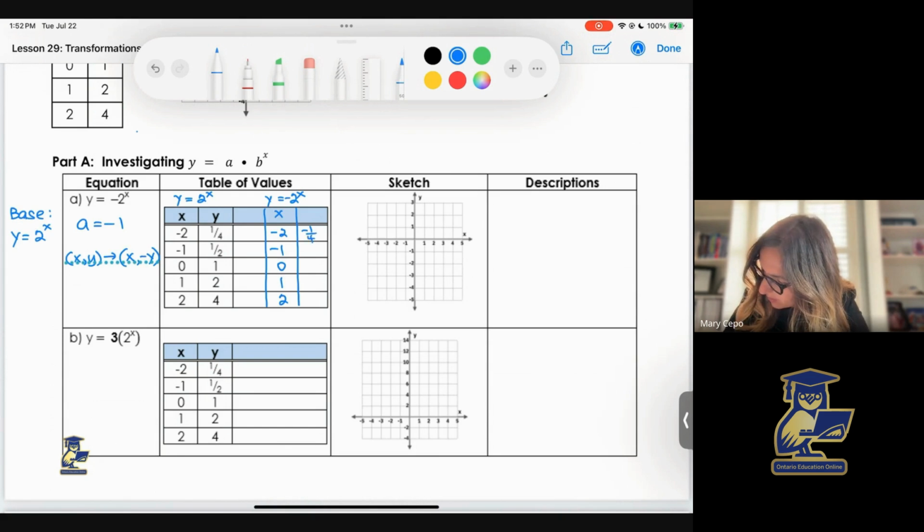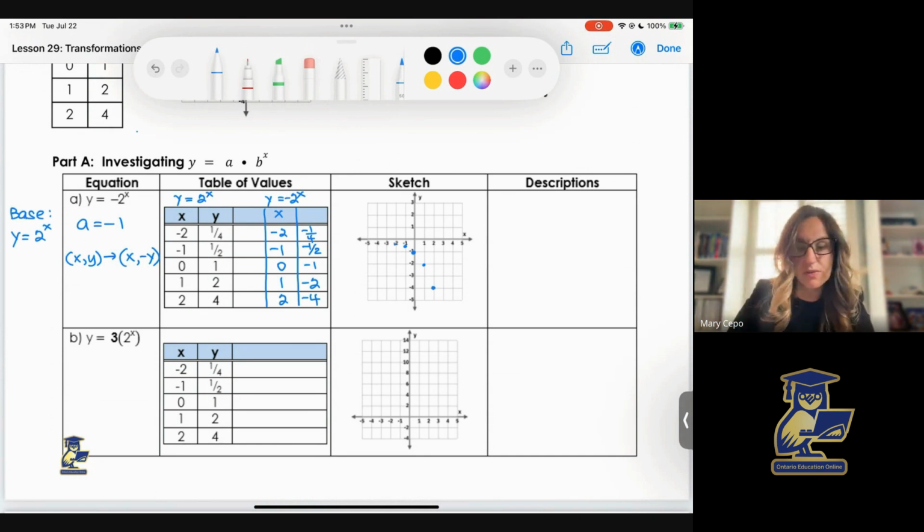So that becomes negative 1/4, that becomes negative 1/2, this is 1 and negative 1, 2 becomes negative 2, and negative 4. And so, a quick little sketch. At negative 2, we're at negative 1/4. At negative 1, we're at negative 1/2. At 0, we're at negative 1. At 1, we're at negative 2. And at 2, we're at negative 4.